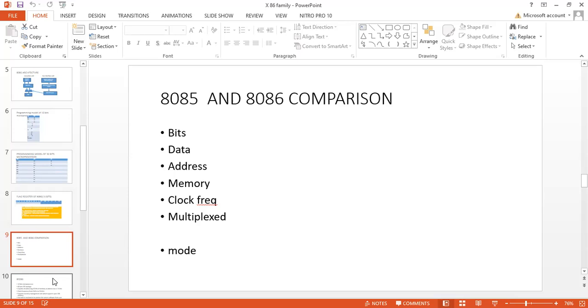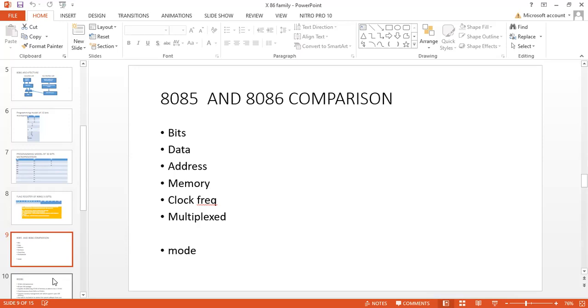Then you have the comparison between 8085 and 8086. So 8085 is an 8-bit microprocessor.